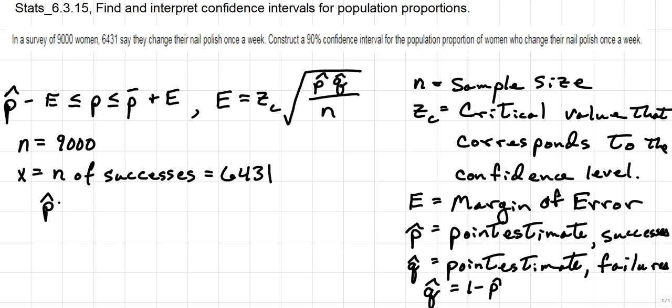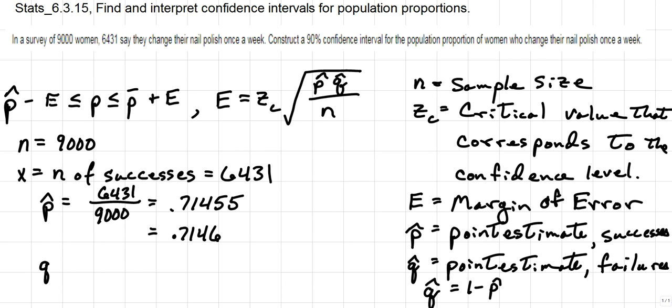Therefore, p hat is going to be the ratio of the number of successes to the total number of trials, or the total number of women that were surveyed for this. And this will be equal to 0.71455, which I will then round to 0.7146, which represents 71.46%, but we will leave it as a decimal.